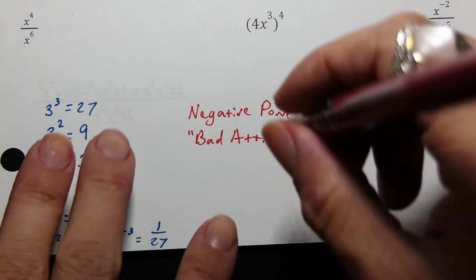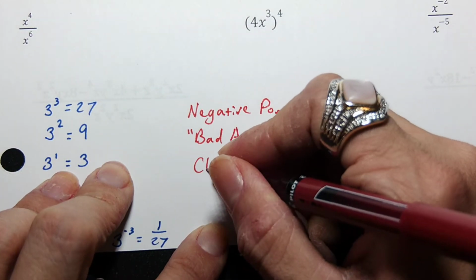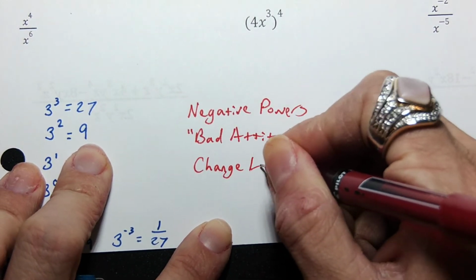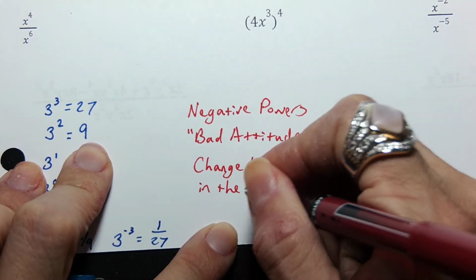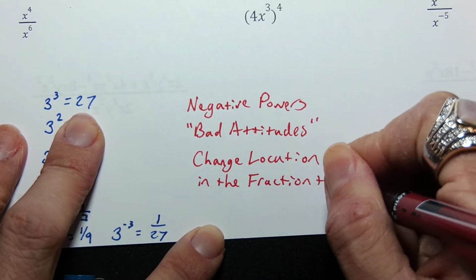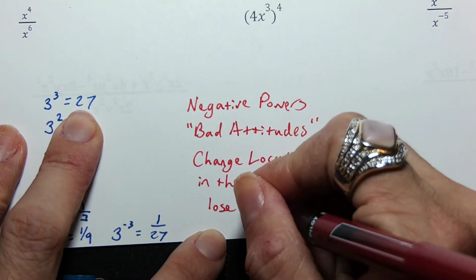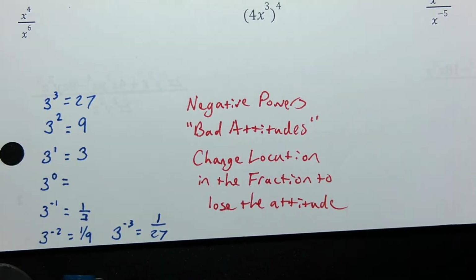So we don't want to leave negative powers. Instead, what they do is they change location in the fraction to lose the attitude, or become positive.